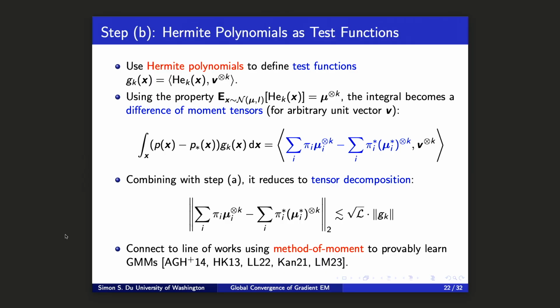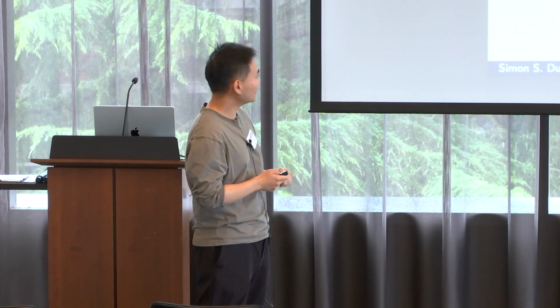This is a line of work that, instead of using EM, uses the method of moments to learn mixtures of Gaussians. And there we can establish the connection between EM and this line of work using Hermite polynomials, and we can reuse some ideas from there to establish our final bound. That's our main idea. I think I'm over time already, so I can maybe take some questions.